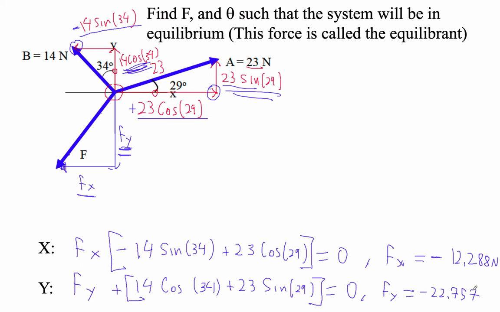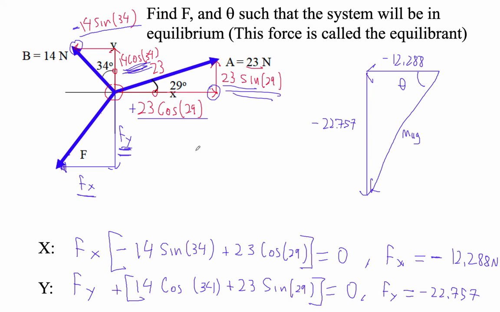So let's draw a picture of this guy. I always draw x first and then y. So I'm going to go to the left. I'm going to go down more than that. So here's our negative 12.288. Here's my negative 22.757. The vector, you try to draw a straight line. We're going to find that angle and then this magnitude.